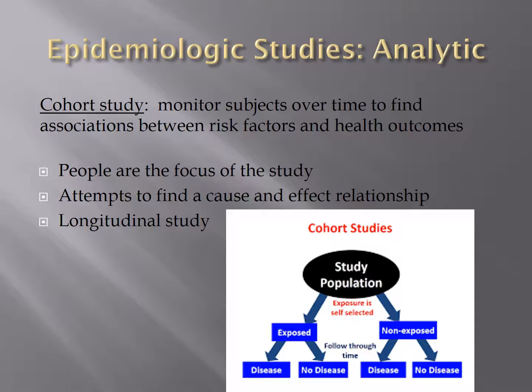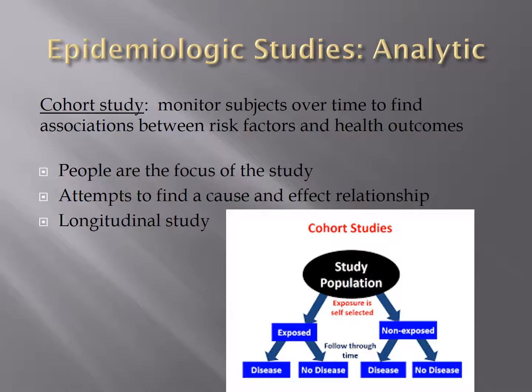I'd like to try to provide some clarification because I'm sure a lot of these studies are starting to sound alike. A cohort study may sound like a cross-sectional study. However, one is descriptive, the cross-sectional study, and one is analytic, the cohort study.